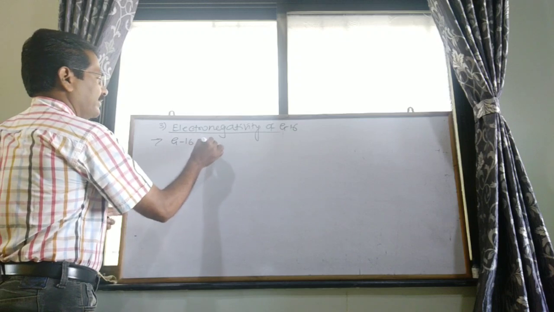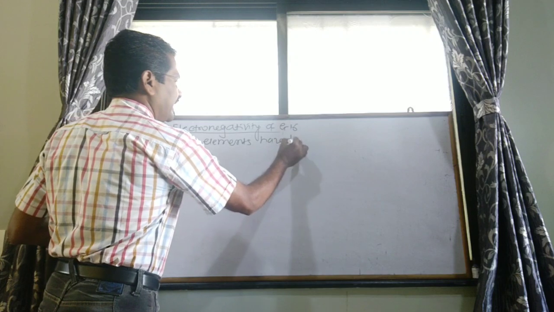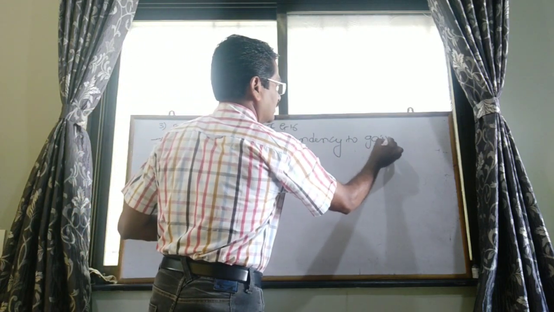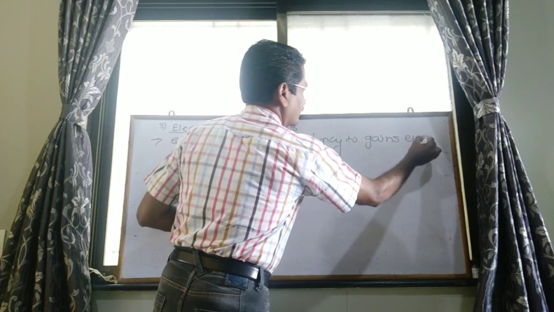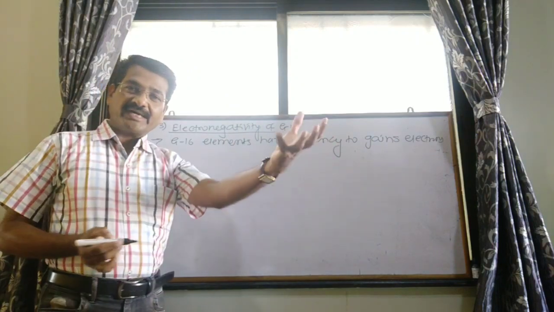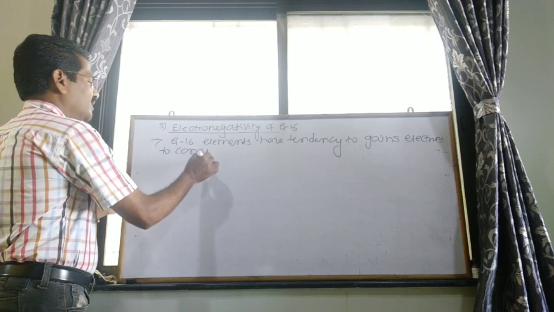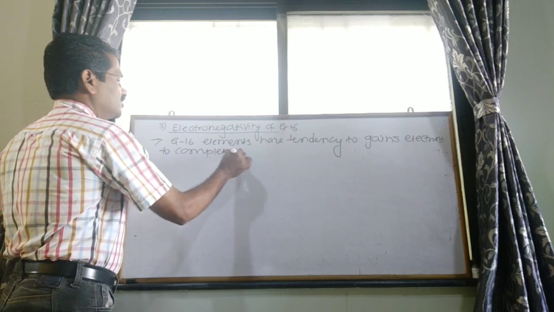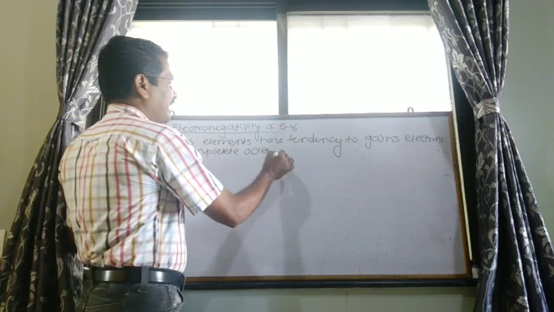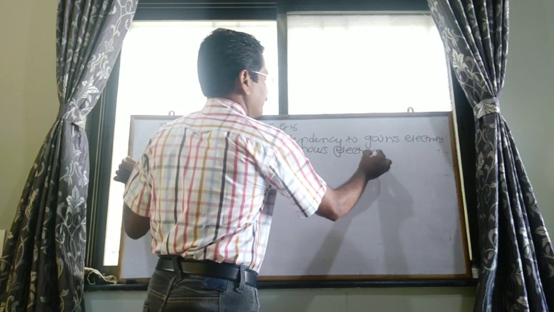G16 elements have a tendency to gain electrons to complete their octet and show electronegativity.